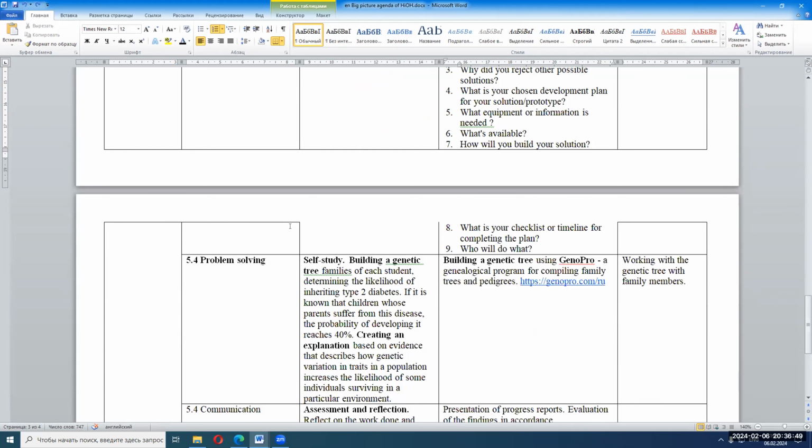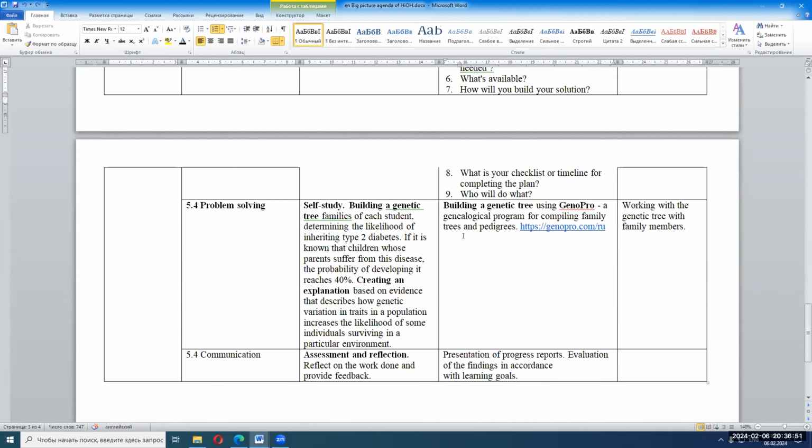Problem solving. And finally, we think we can build a genetic tree for our participants. Interesting. Using some programs. Maybe you can show this instrument for building. Okay, I can, but I have never used it before.